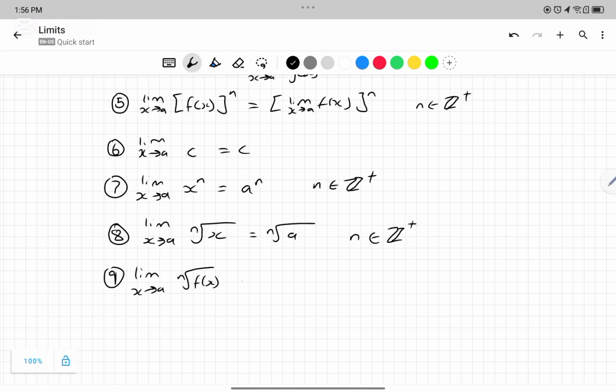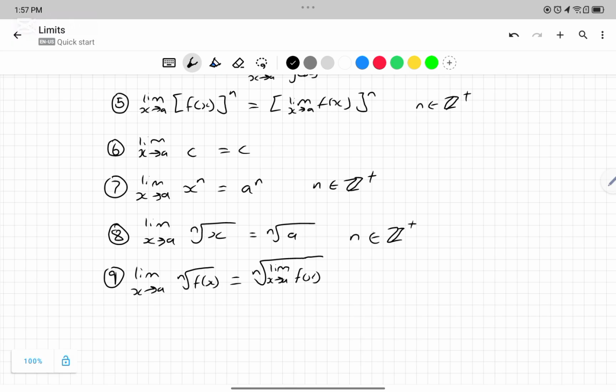Then this will be equal to f of a to the nth root, provided that this is a polynomial, or to respect mathematical laws, equal to the limit of f of x as x approaches a, to the nth root.